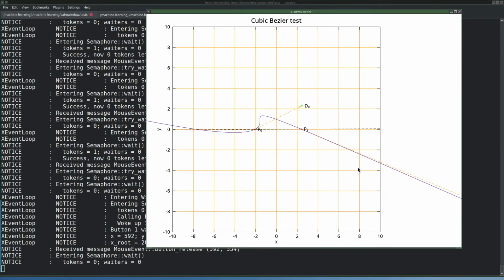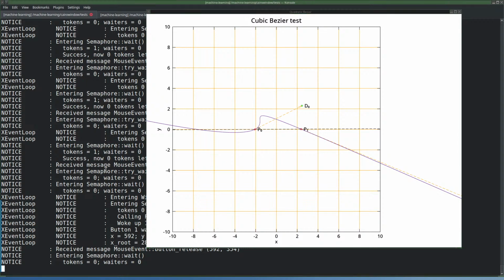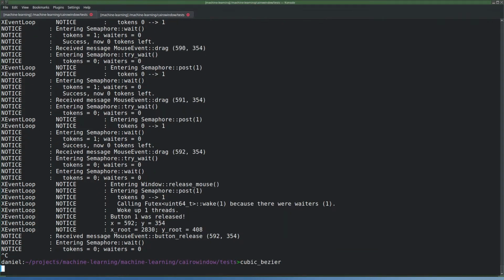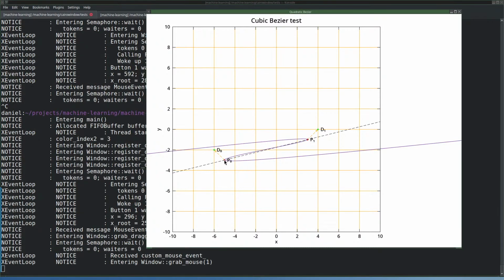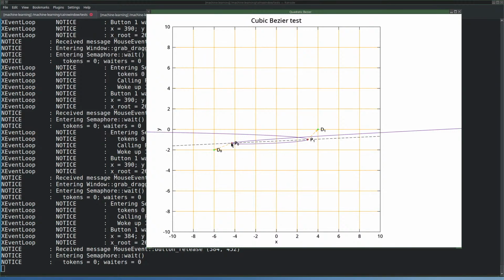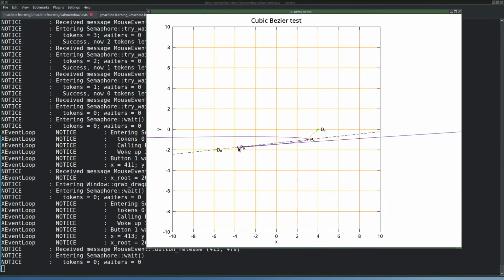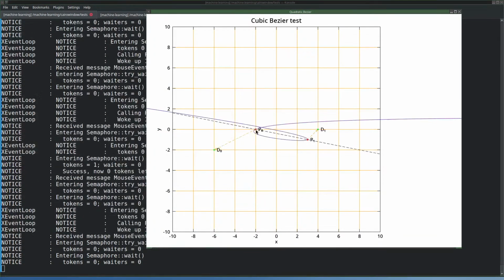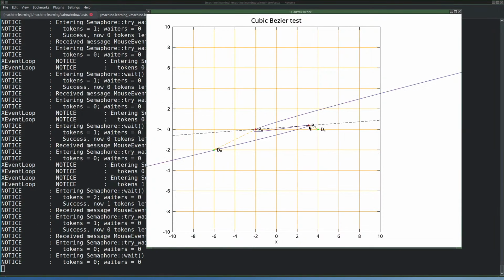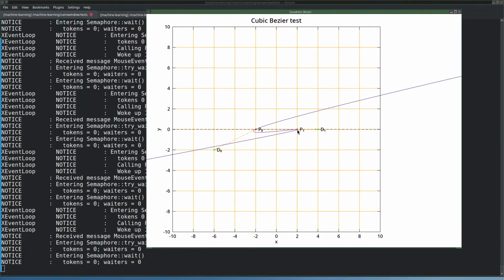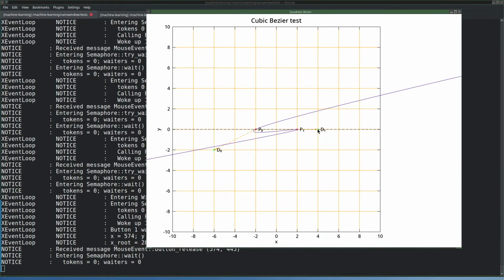You can never drag that point again. It's outside the window. Oops. I'm going to put them a little bit closer together. Let's say, my mouse is so broken. Pretty close.